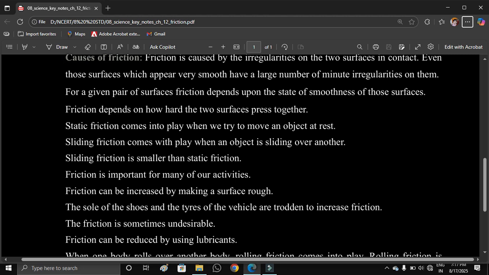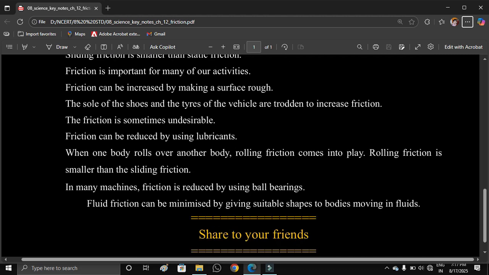Friction can be increased by making a surface rough. The soles of shoes and the tires of vehicles are treaded to increase friction. The friction is sometimes undesirable. Friction can be reduced by using lubricants.